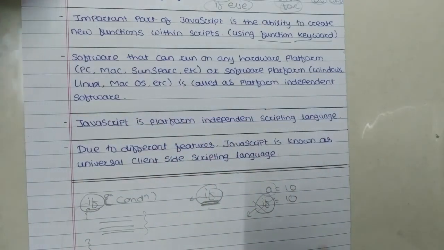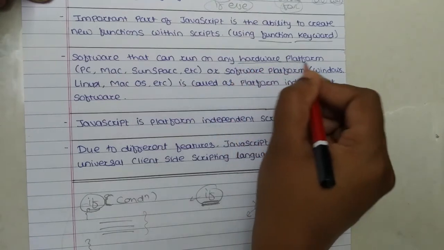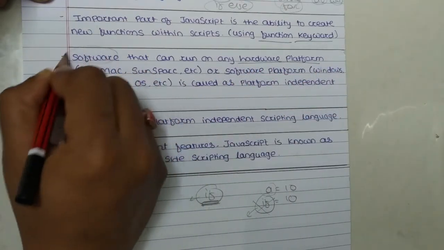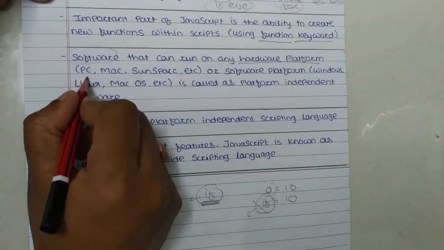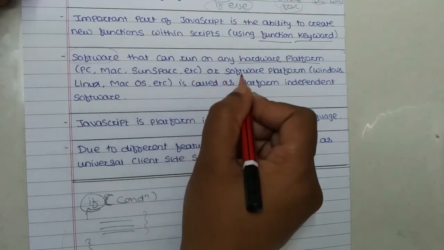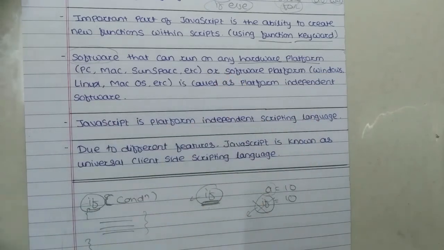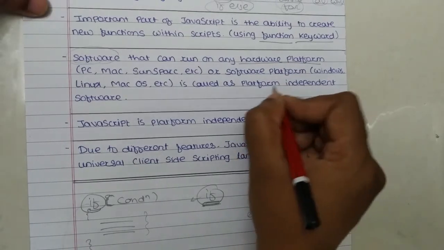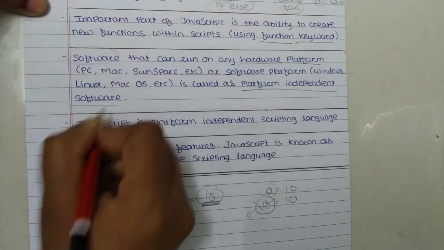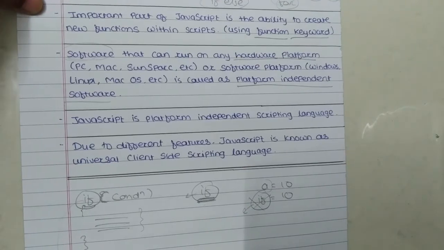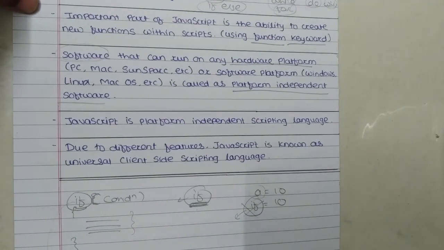That means such software which is executed on any hardware, that is Mac, PC, or any software platform, that is Windows, Linux, Mac. That means this software is executed anywhere or on any platform, then this is called platform independent software. Okay, that means no dependency is there. Clear? So this is called platform independent.